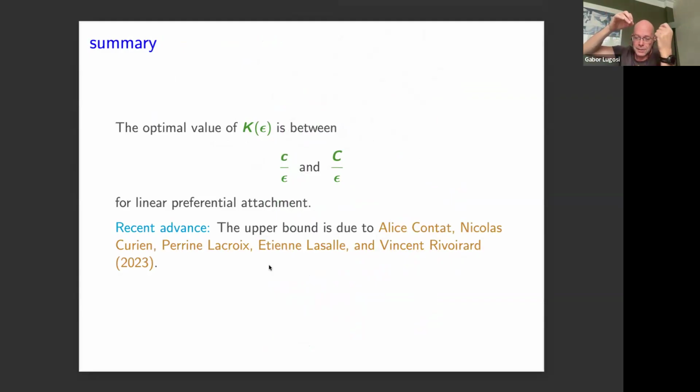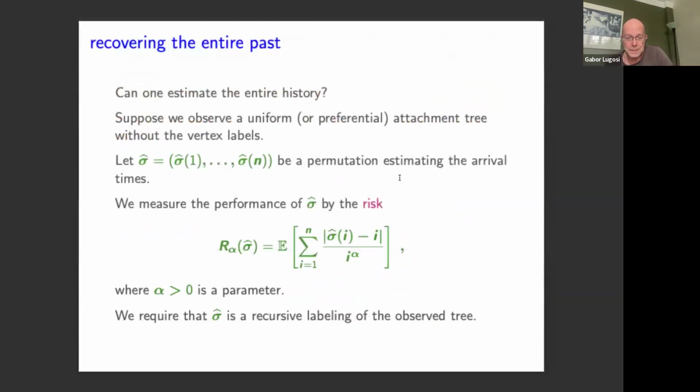So the statistic that they came up with looks at pairs of vertices such that the product of the degrees, or some function of the degrees, is high, and they could prove that that is actually optimal. The size of the confidence set is of the order of 1 over epsilon, which is optimal in this sense.